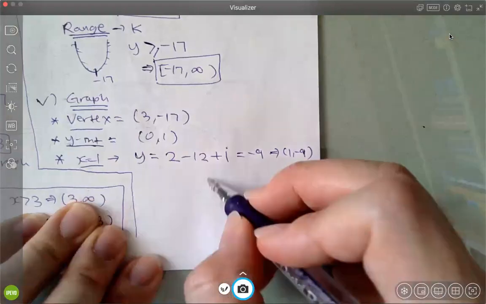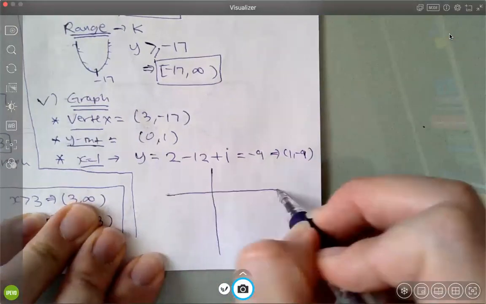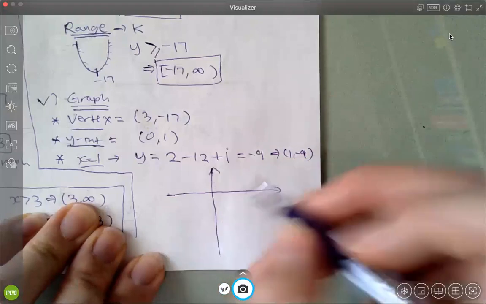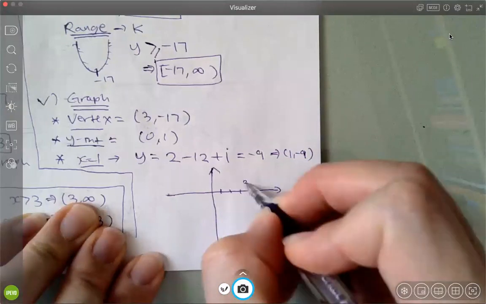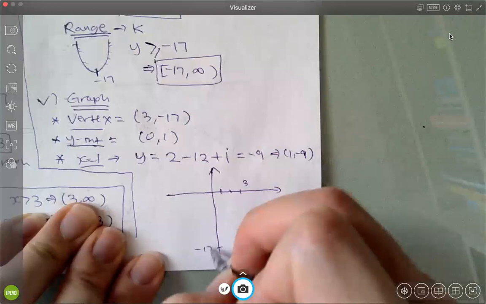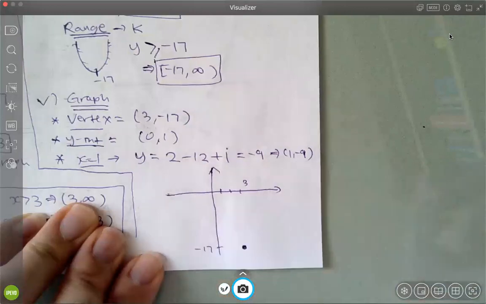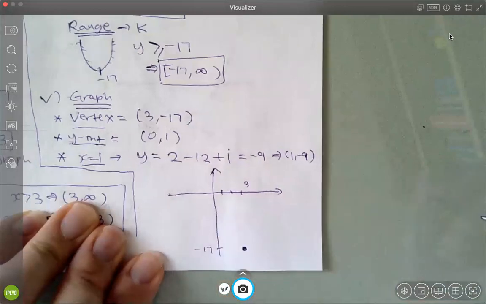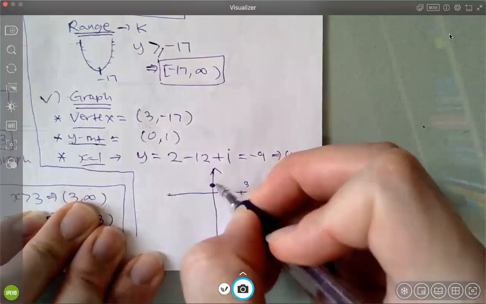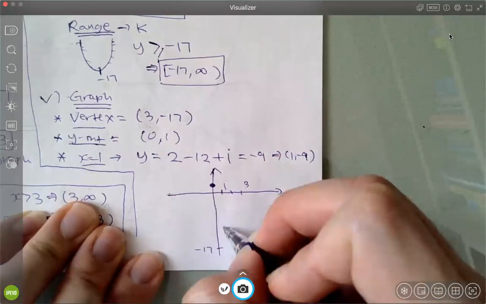So let's plot these points. So 3 comma negative 17. Okay, so that's maybe way down here. This is not to scale. And then 0 comma 1 is here. And then 1 comma negative 9 will be somewhere here.